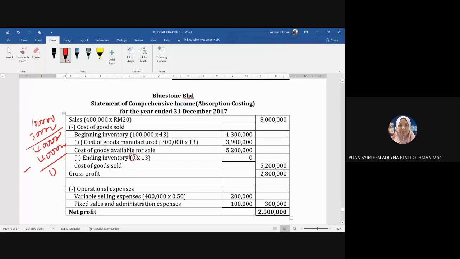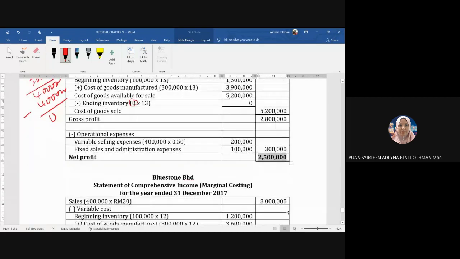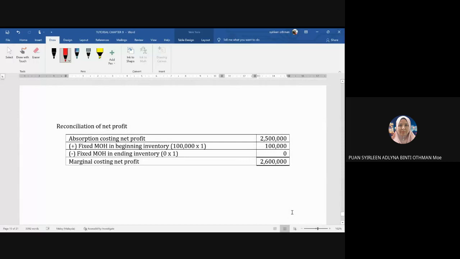Alright. Okay. So your net profit for absorption is 2,500,000. Okay. No adjustment. And then for your marginal net profit is 2,600,000. Okay, so we are going to do the reconciliation. Okay, so absorption is 2,500,000.